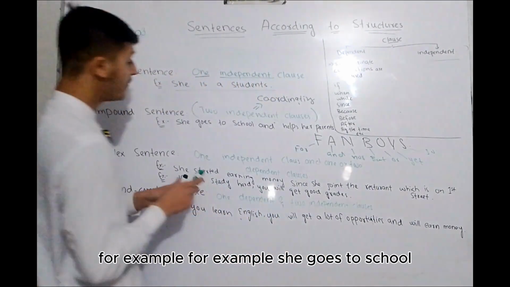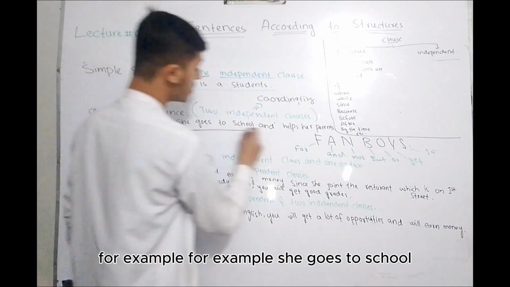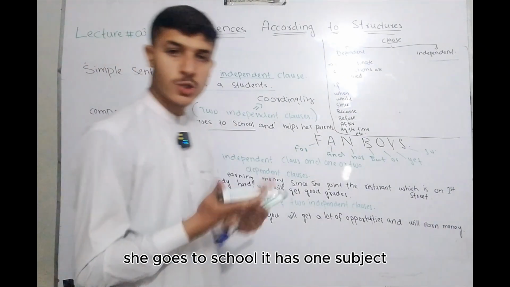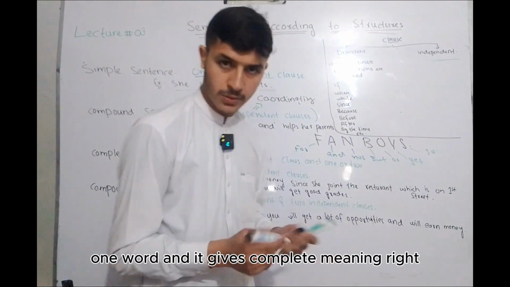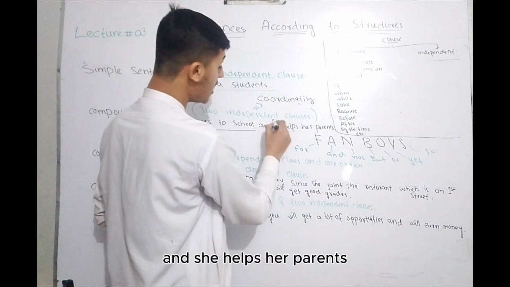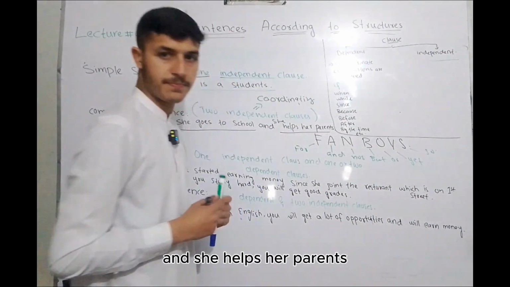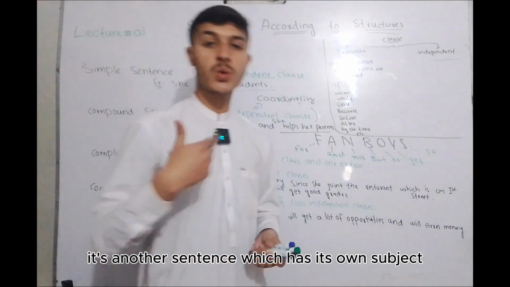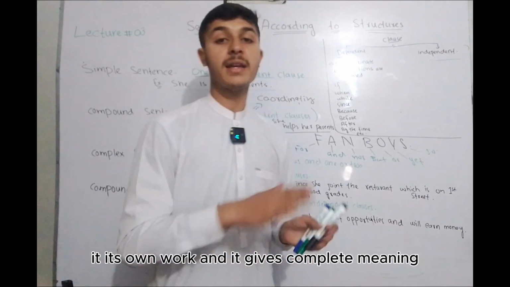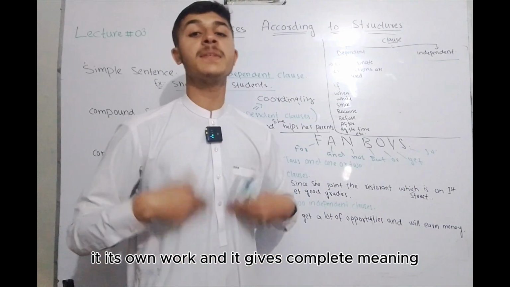Clear? For example, she goes to school. It has one subject, one verb, and it gives complete meaning, right? And she helps her parents. It's another sentence which has its own subject, its own verb, and it gives complete meaning independently.